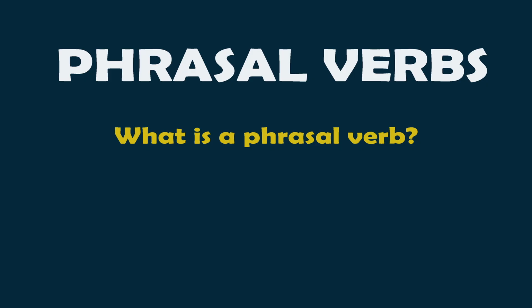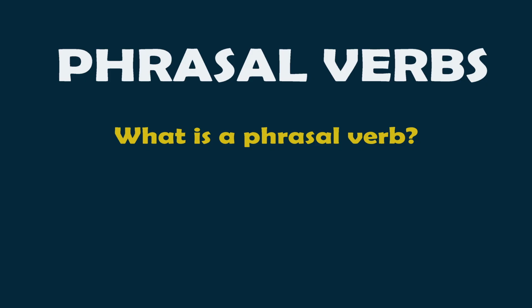And when you add the preposition or an adverb, it changes or adds to the meaning of the main verb. Sometimes we call these words particles. We have an example here.